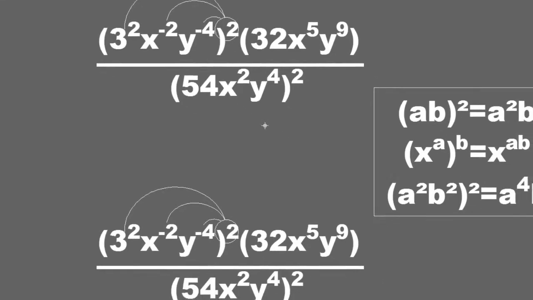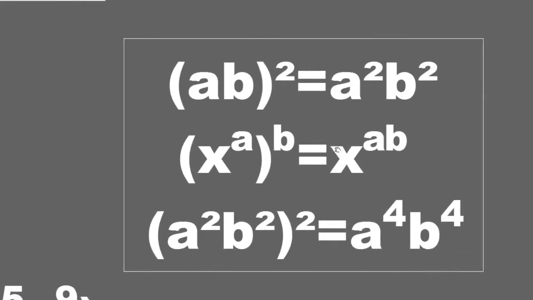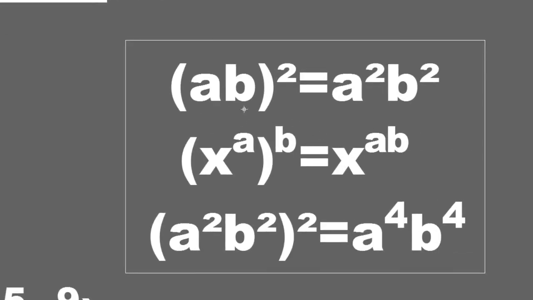Now, as a second step, please take a look at this exponent 2. This exponent 2 gets multiplied by each one of the exponents inside of the parentheses. Remember the properties of exponents. If you have two numbers being multiplied, in this case a and b, in parentheses with an exponent 2 on the outside, that is just the same as having a squared times b squared.